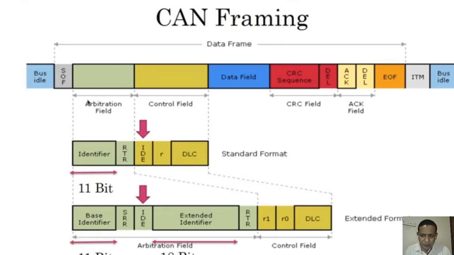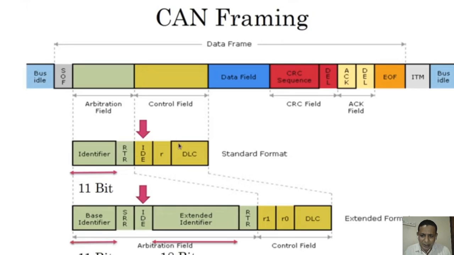But the arbitration field of the extended frame format goes up to here. So in the standard frame format an RTR bit will come here, and in the extended format an SRR bit will come here, and then the IDE is there.